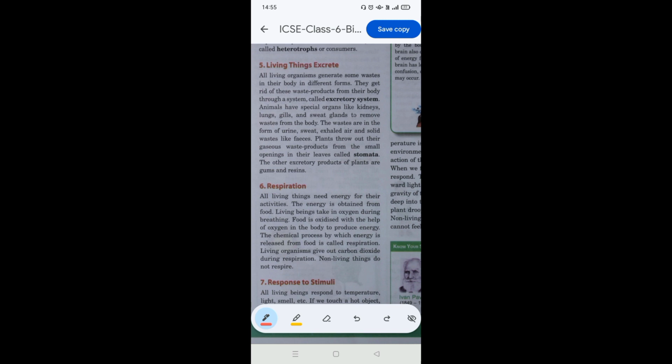So, when we take in food, we get energy from food, right? This energy is used to do many activities by our body, right?